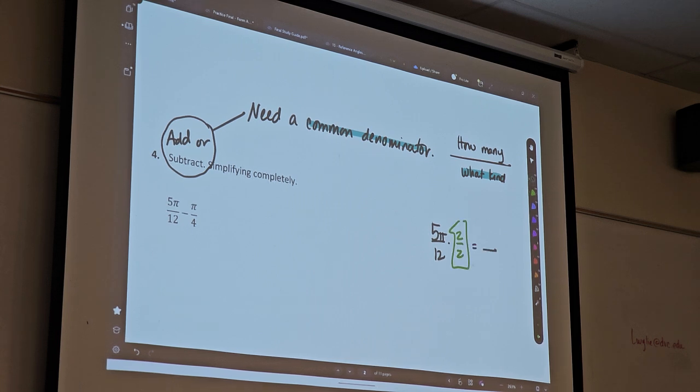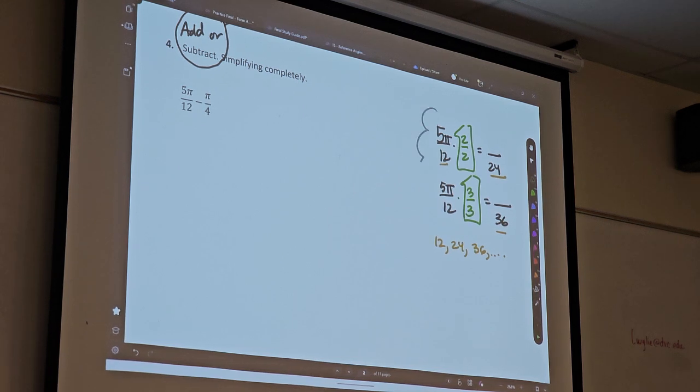Multiply straight across, I just care about the denominator. 12 times 2 is 24. Oh, I could turn things into 24ths. Or I could take this and multiply by 1 in the form of 3 over 3. Multiply straight across, I don't even care about the numerator right now. 12 times 3 is 36. I could turn 12ths into 24ths or 36ths. So skip counting, etc. These are the denominators I could have for 12ths.